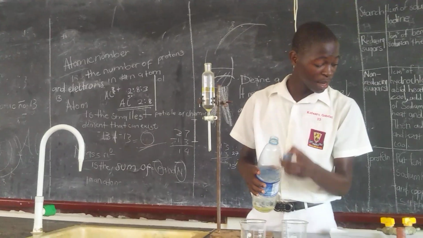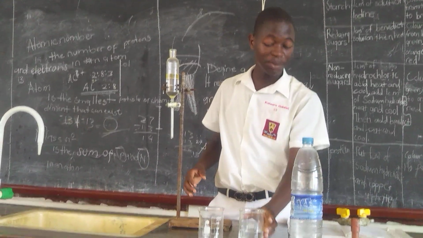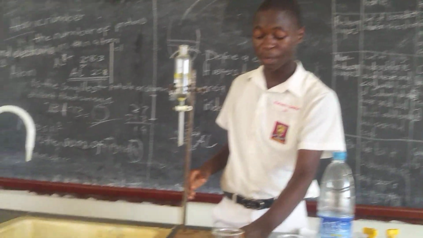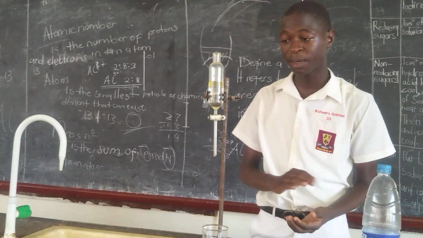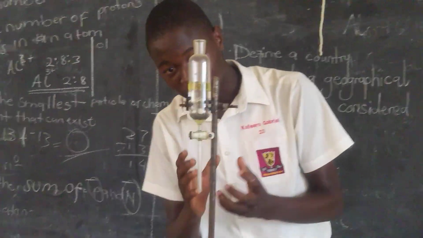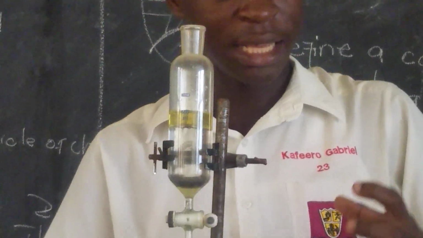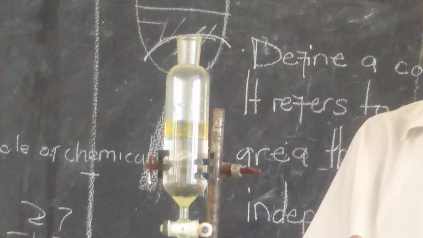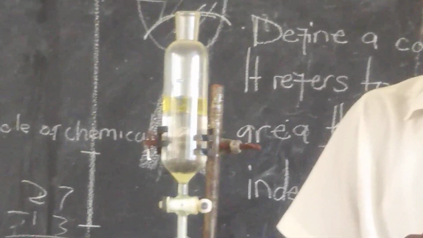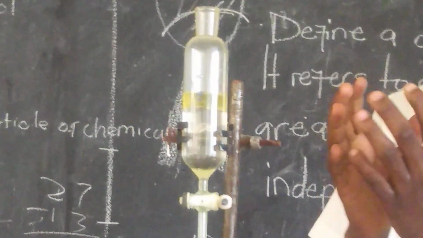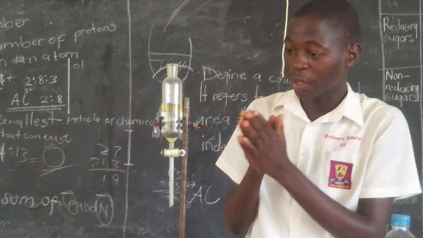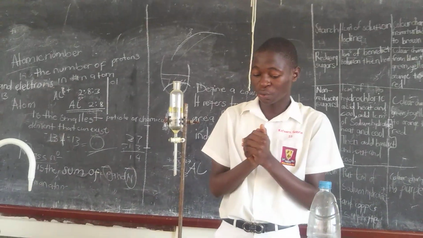As our definition was explaining, when we carry out the experiment with these immiscible liquids, some layers are formed. So as you can see, there are two liquids added into the separating funnel. What we need to do now is to separate the water from the cooking oil. So that's what we are going to do.